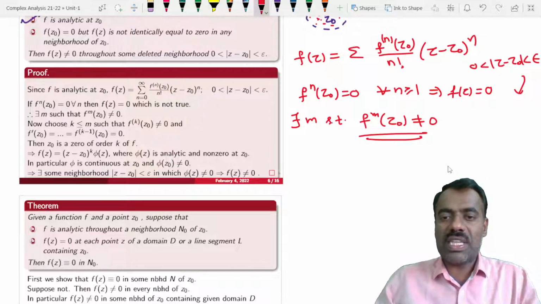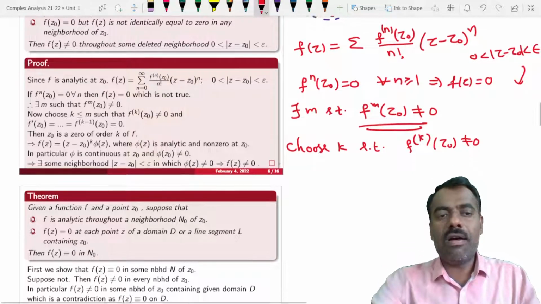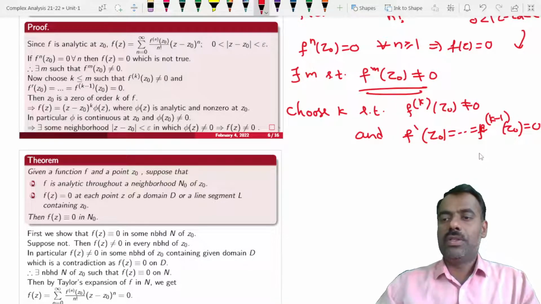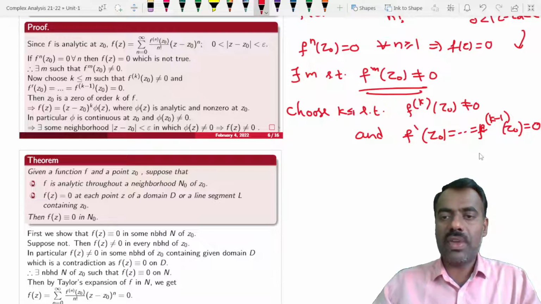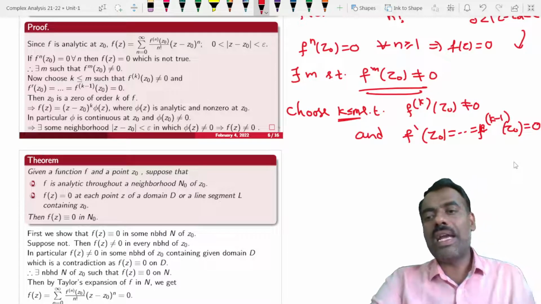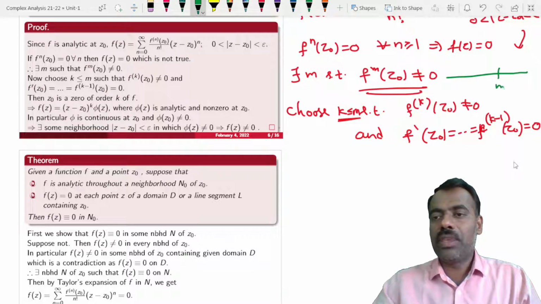So we choose k, which is of course less than or equal to m, such that f^(k) of z naught is not equal to 0, and before that, f^(1) of z naught up to f^(k-1) of z naught are all equal to 0. So the idea is, here we already have one stage m where this is non-zero.